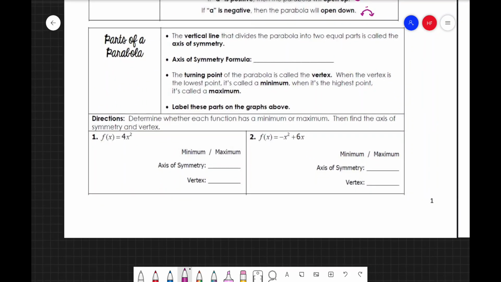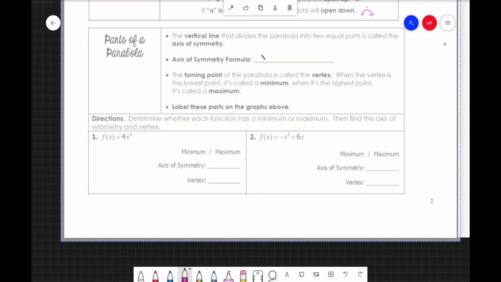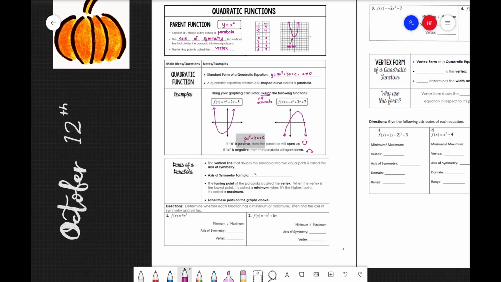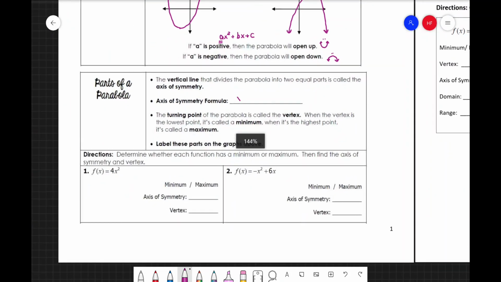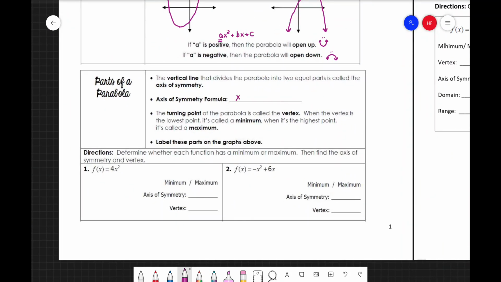So the different parts of the parabola: the vertical line that divides the parabola into two equal parts, we said was called the axis of symmetry. In order to find the axis of symmetry when we're in standard form, it is x equals negative b over 2a. The turning point of the parabola we said was called the vertex.